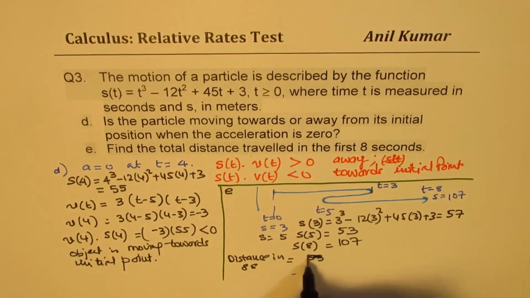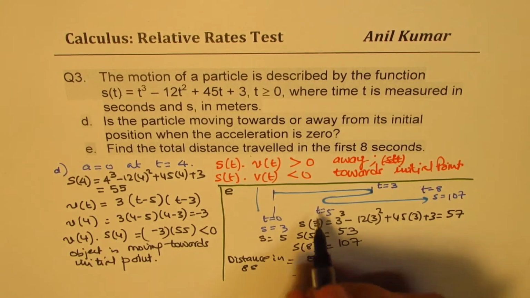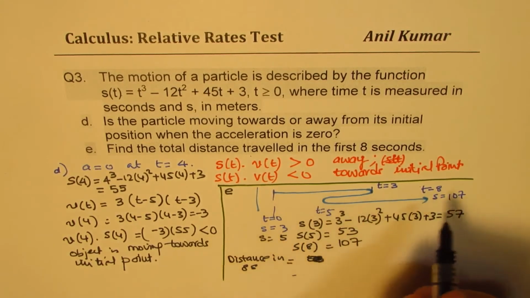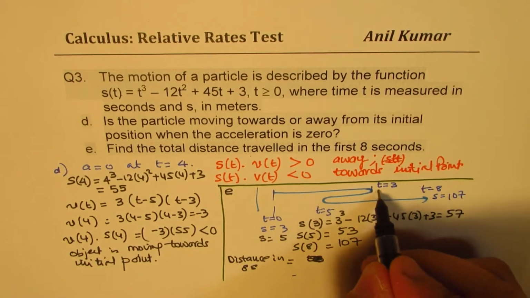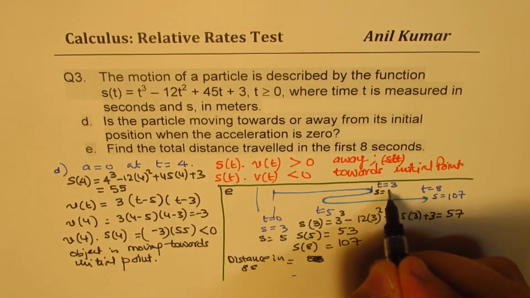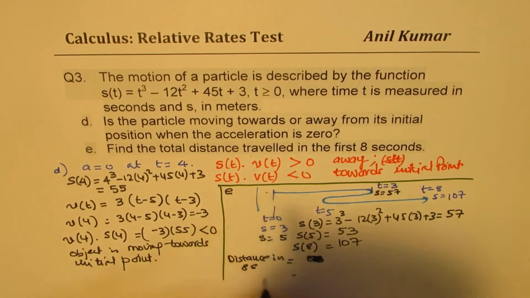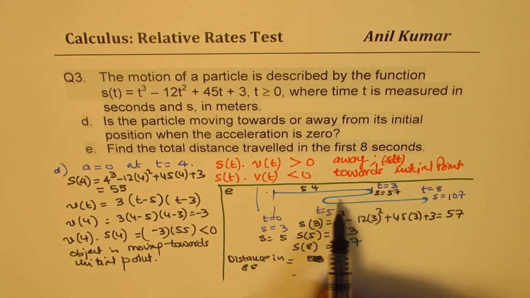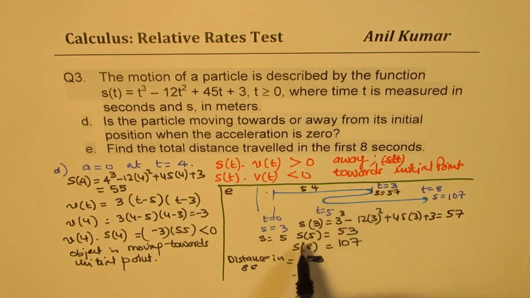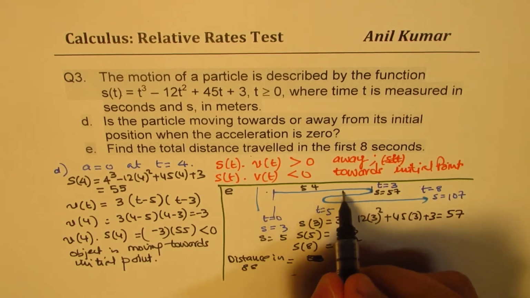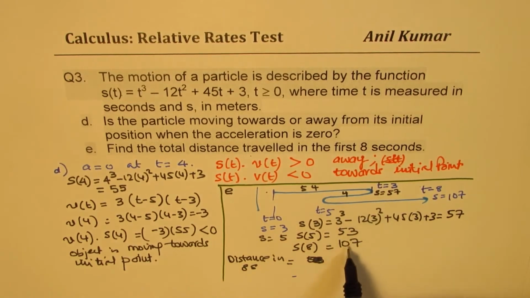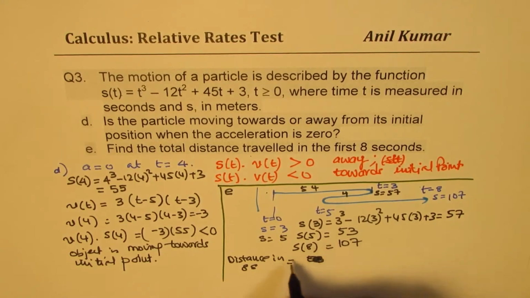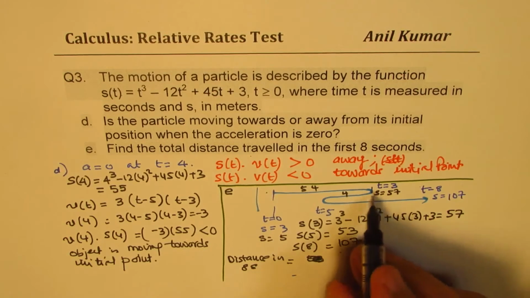So we could write this as, this distance is here, s equals 57, correct? So 57 minus 3 gives you 54. And then here we had at t equals 5, 53, so that means this is 4 units, and then 107 minus this.